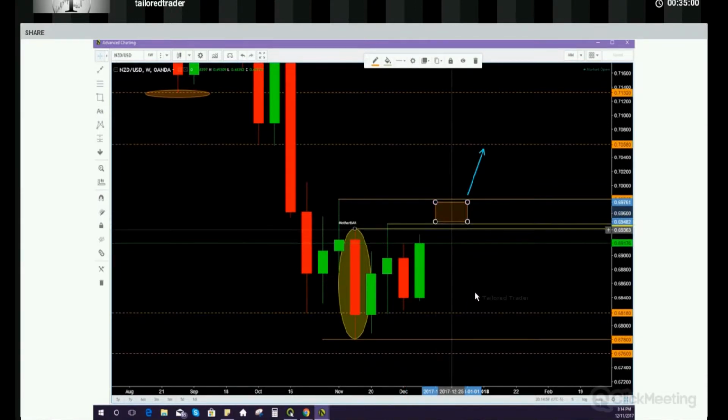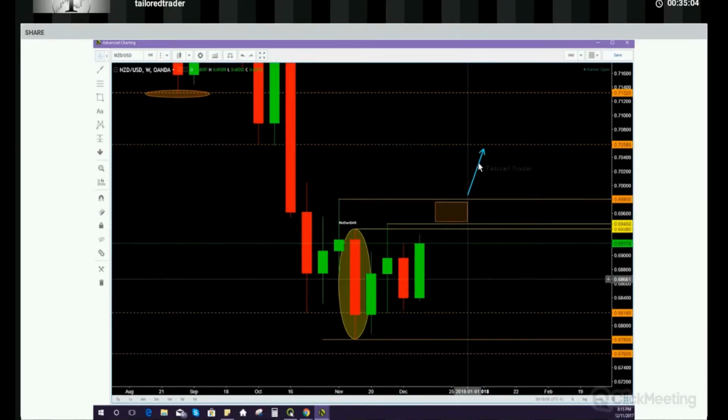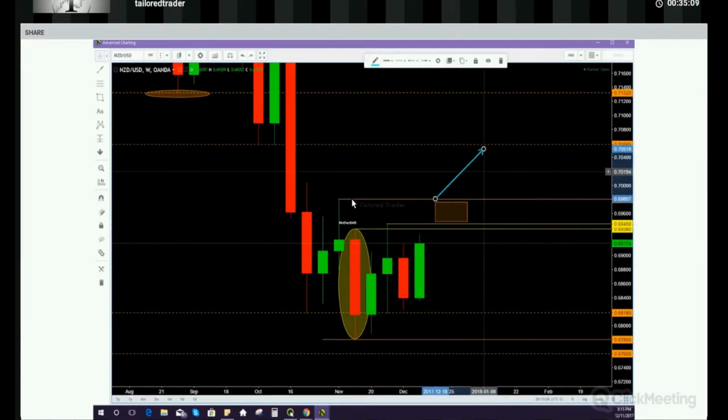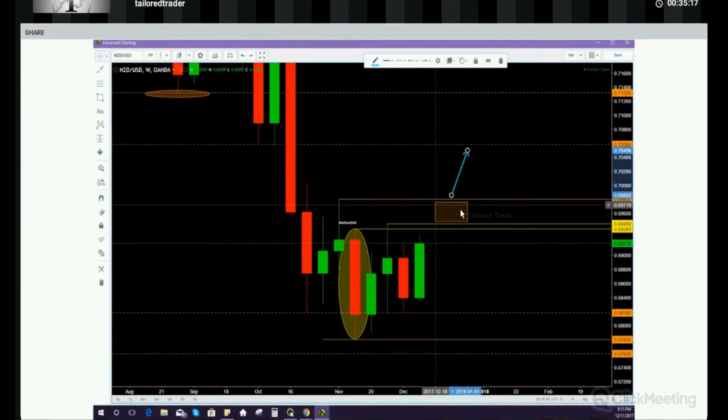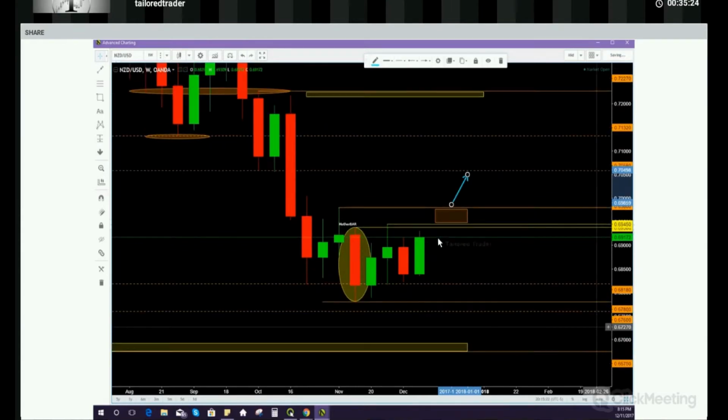So I expect a little bit more range bound activity for the New Zealand dollar. I'm not going to be going crazy long unless we break above a new monthly high, being the 69.80. And I'd be careful even with that because we have a weekly high right there, so there could be a little bit of wick action back and forth. The New Zealand is a more consolidated pair, so just be careful within these ranges.